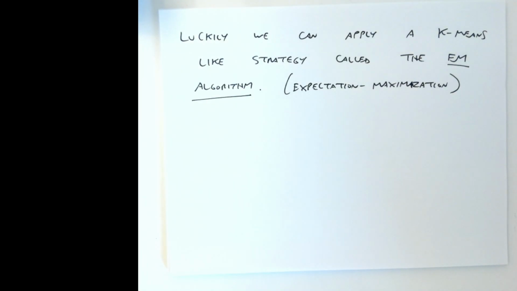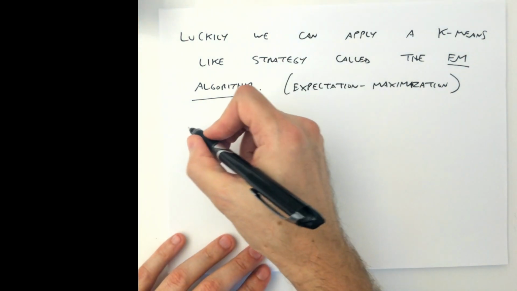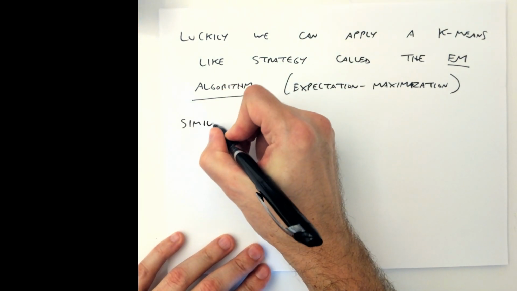And oddly enough, this is where the E and the M from my explanation of k-means come from, right? So the steps are very similar. First I have to have some sort of initialization, and then I do this seesawing back and forth process.